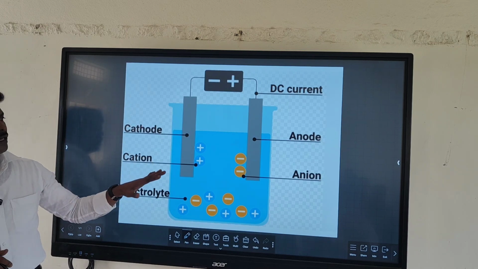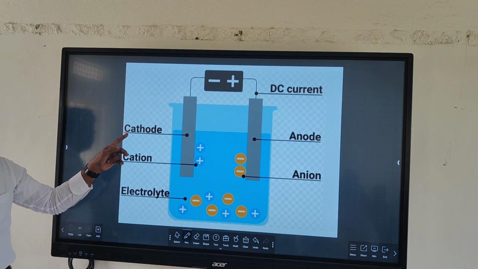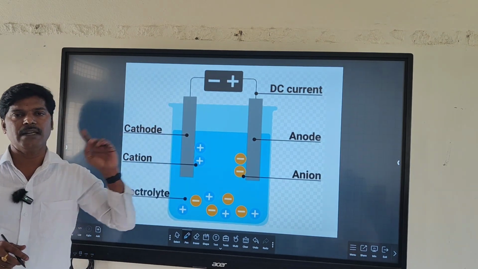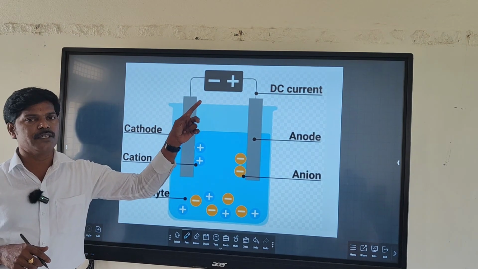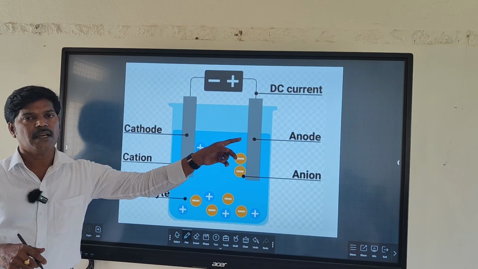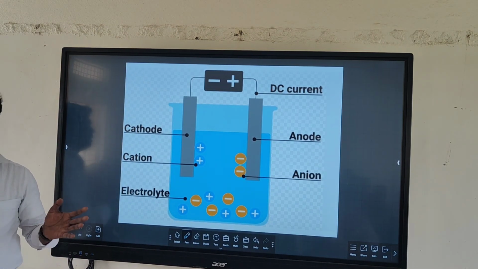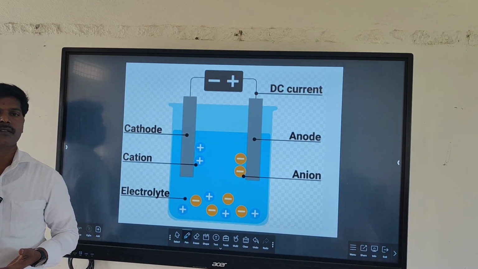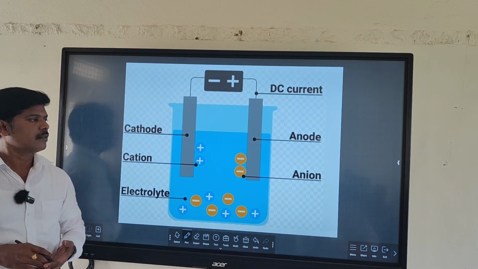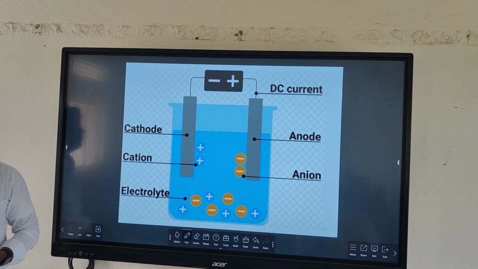This electrolytic cell contains two electrodes. One is the cathode and the other is the anode. The cathode is the negative electrode and the anode is the positive electrode. Generally, these two electrodes are taken from metals, metalloids or graphite.